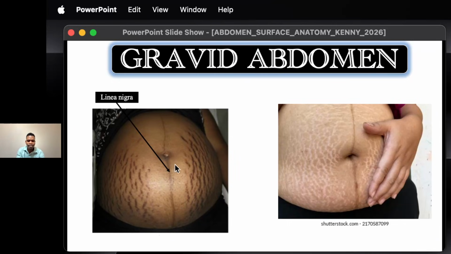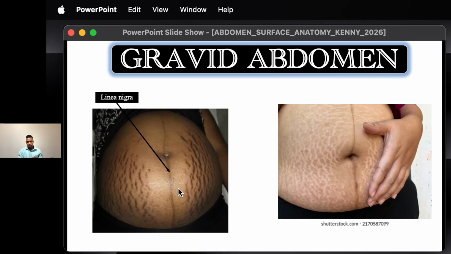Linea nigra is present in 70 to 90% of pregnancies. Not all pregnancies will have the linea nigra, but 70 to 90% of pregnancies will have this black line, which runs all the way from the xiphoid process to the pubic tubercle. But not everyone with linea nigra is pregnant, so be careful.